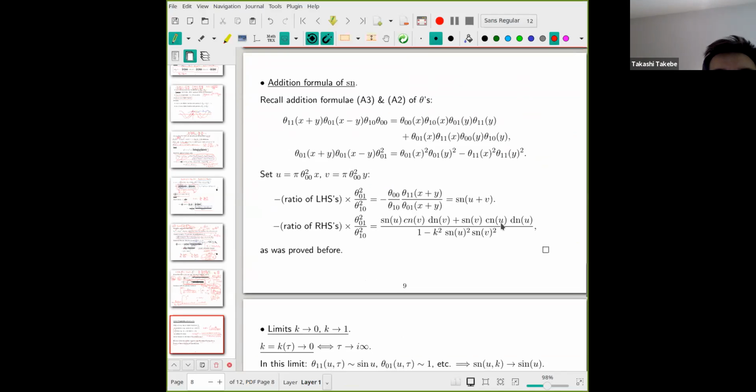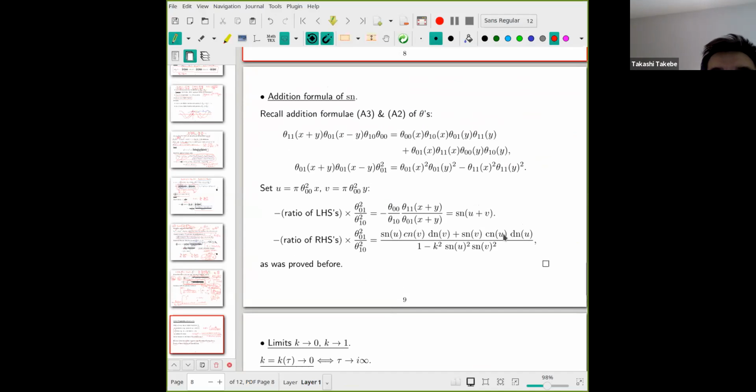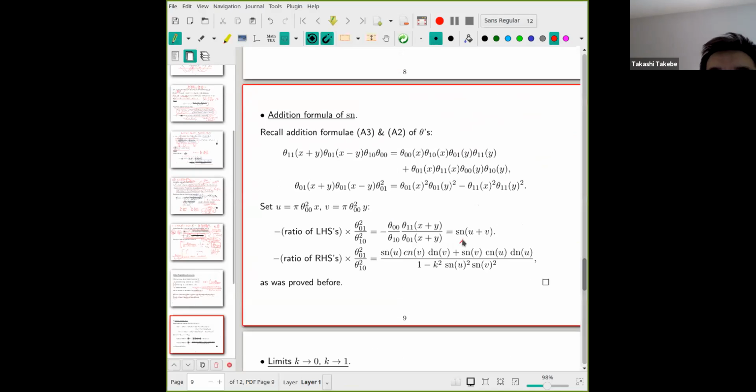So what we want to prove is Sn(u plus v) is equal to this one. And what is this?